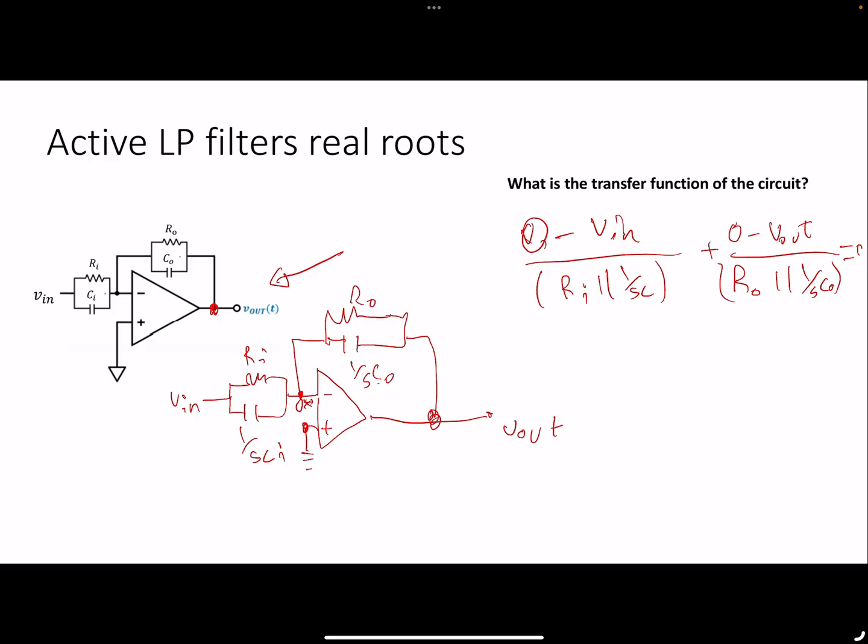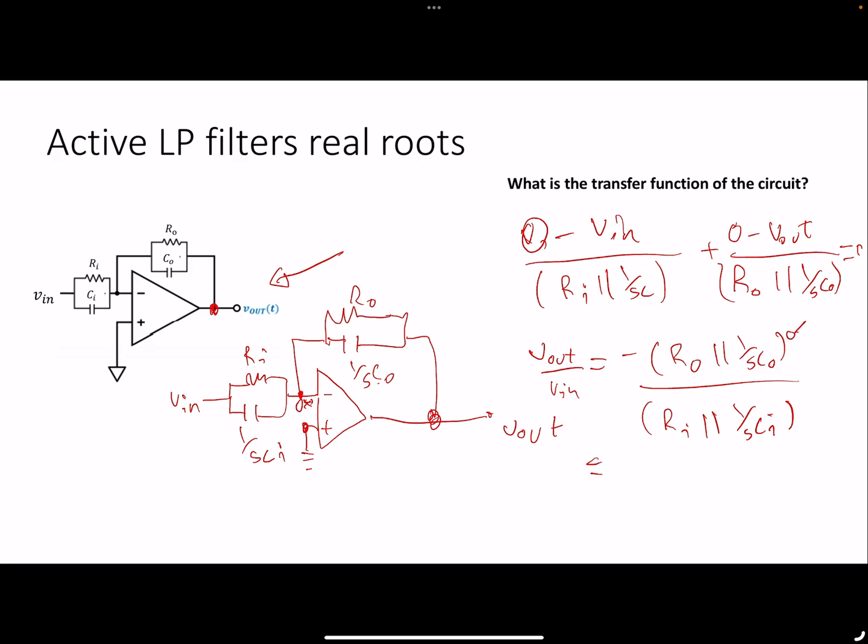And so we get that Vout over Vn equals negative Ro in parallel to 1 over Sco, and then Ri in parallel with 1 over Sci. Now I'm just going to write the correct expressions for this.